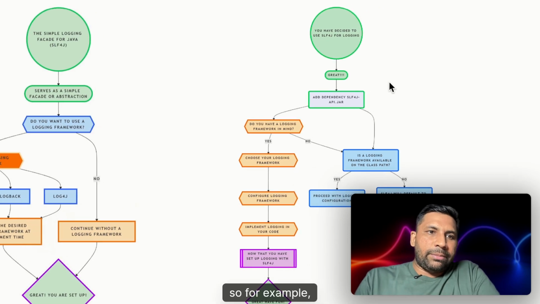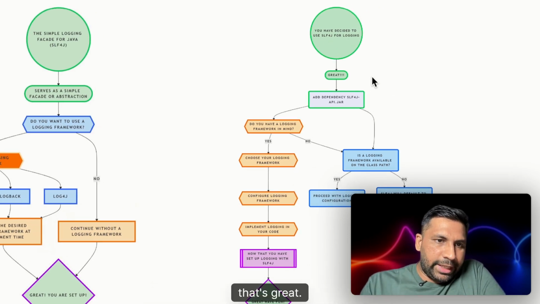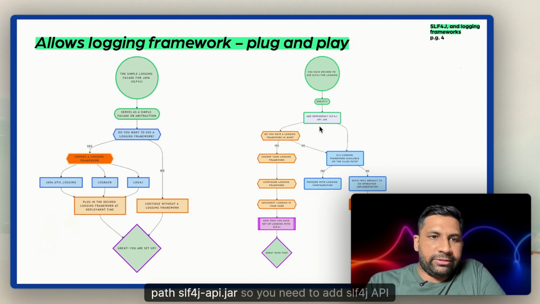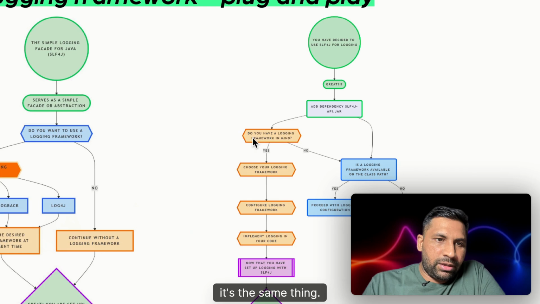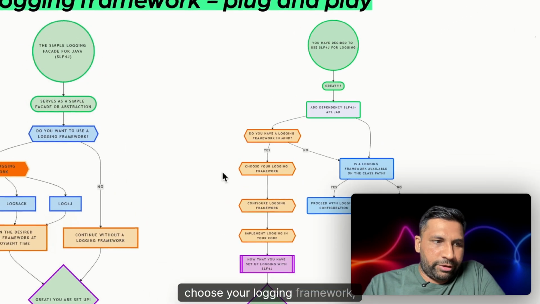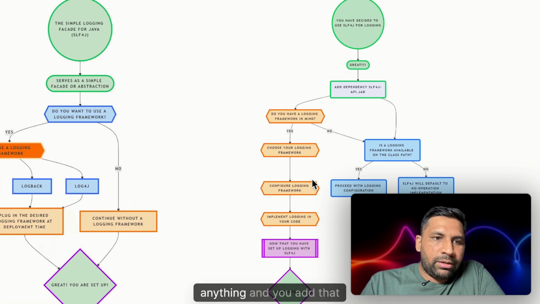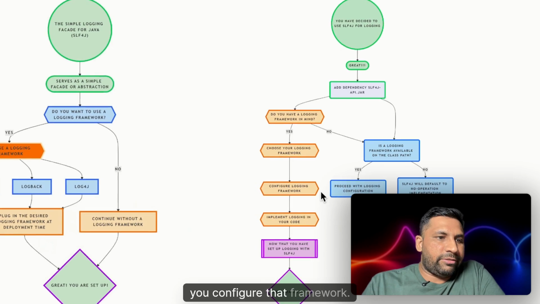So for example, if you have already decided to use SLF4J, that's great. Now you need to add a dependency in your class path, slf4j-api.jar. So you need to add the SLF4J API library. Then, do you have a logging framework in mind? If yes, choose your logging framework, any framework: Java Util Logging, Logback, Log4j, anything, and you add that and configure that framework.